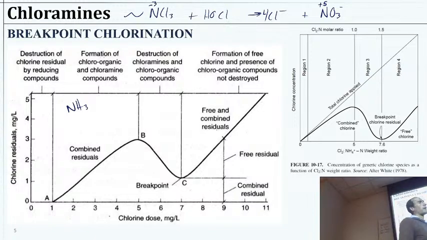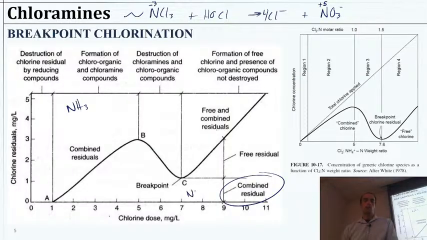We've broken through all that demand, all the ammonia-based demand, and now for every 1 milligram per liter of chlorine that we add, we're getting 1 milligram per liter of residuals. And we typically will see we have some remaining combined, meaning NH2Cl, NHCl2, probably very, very little NCl3.